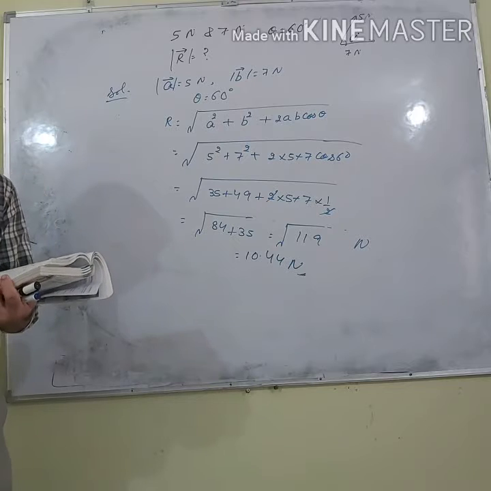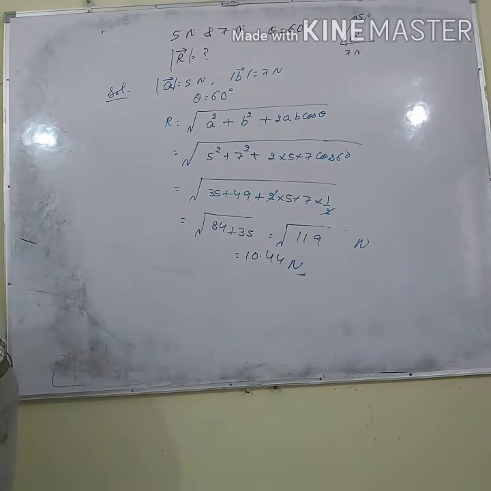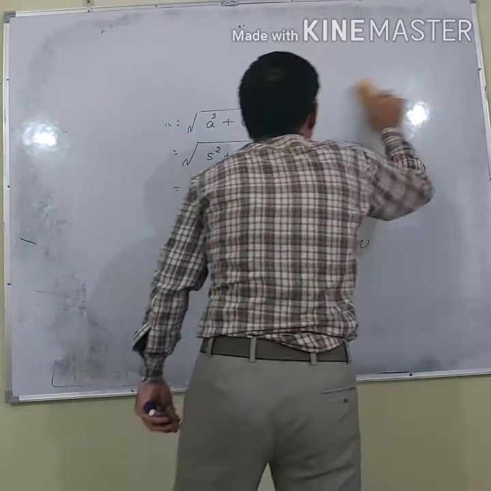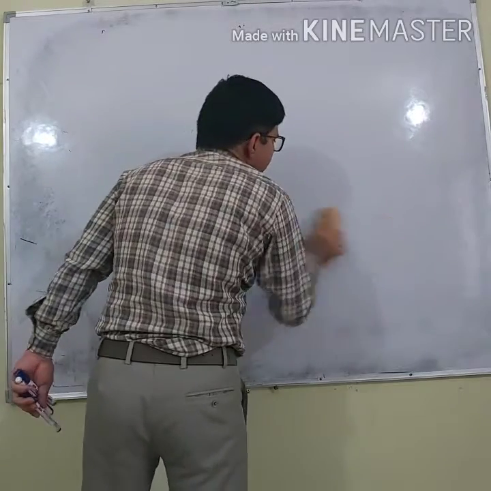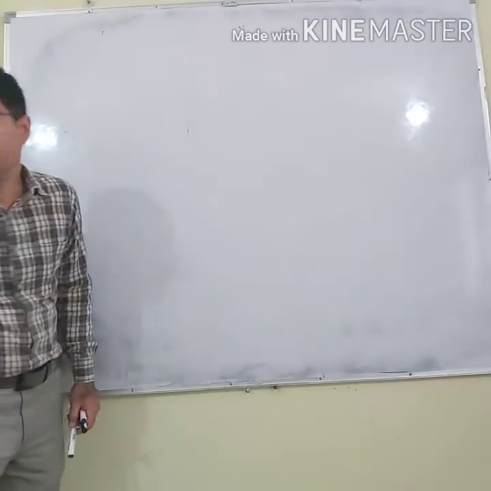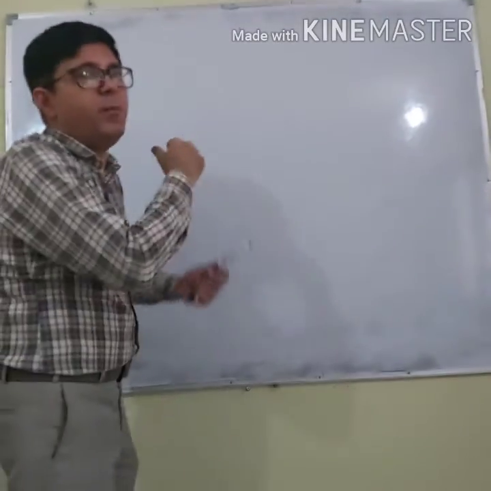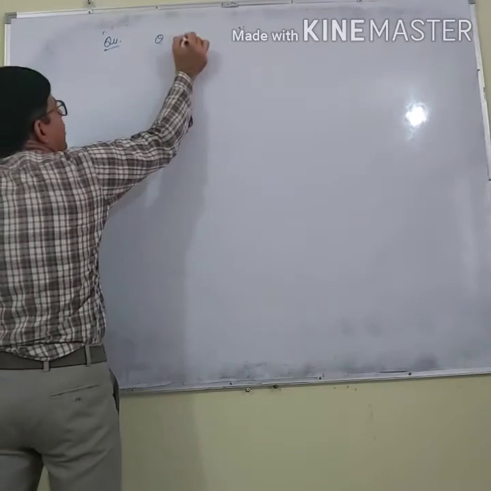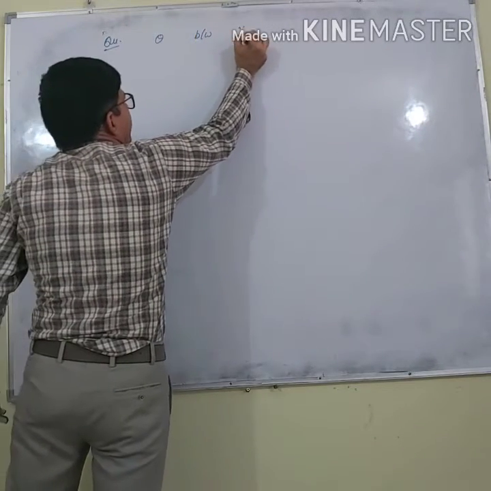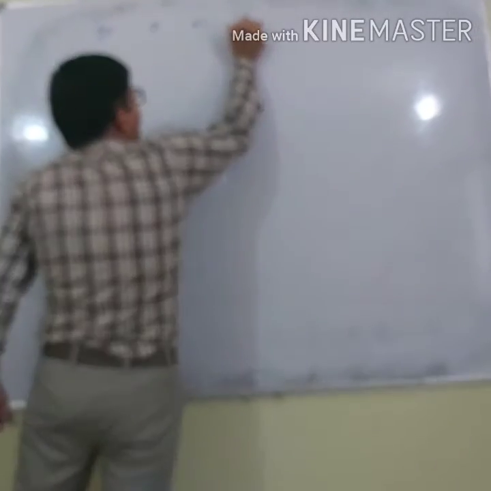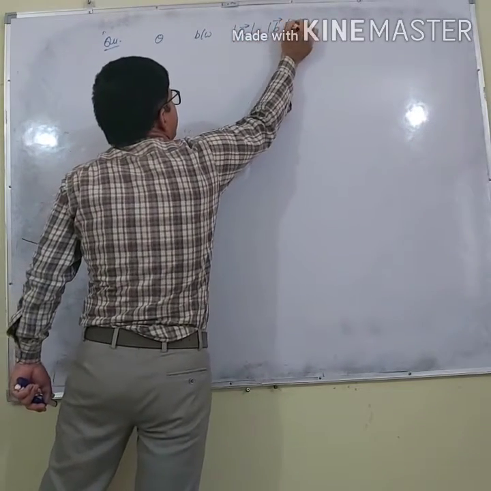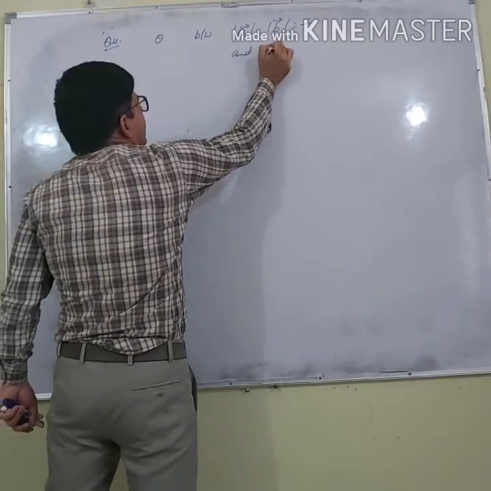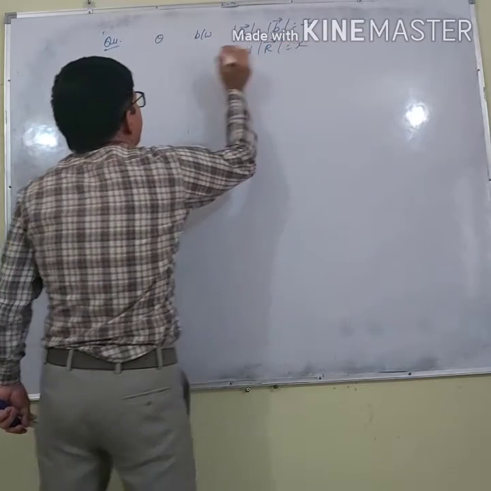Next question is, find the angle between two vectors of equal magnitude. What is the question I am given? Find the angle between two vectors, let us say vector A and B, such that their magnitude is the same and the resultant is also equal to x.